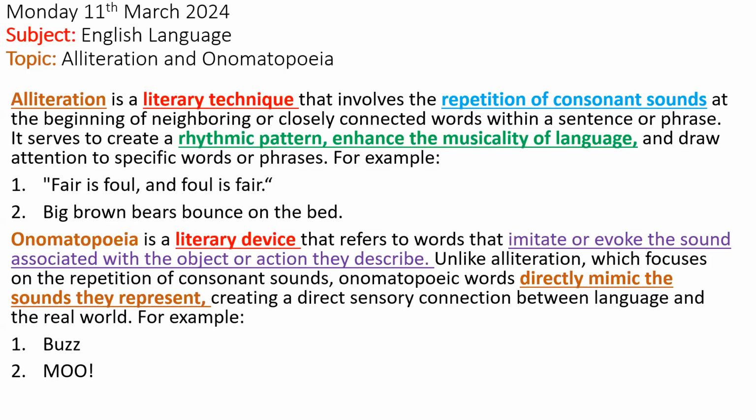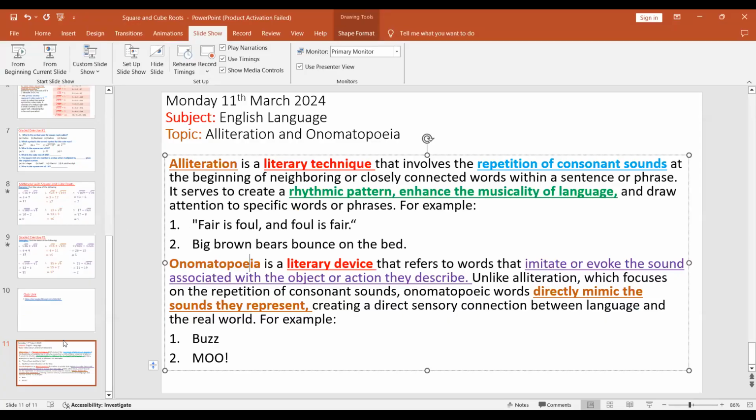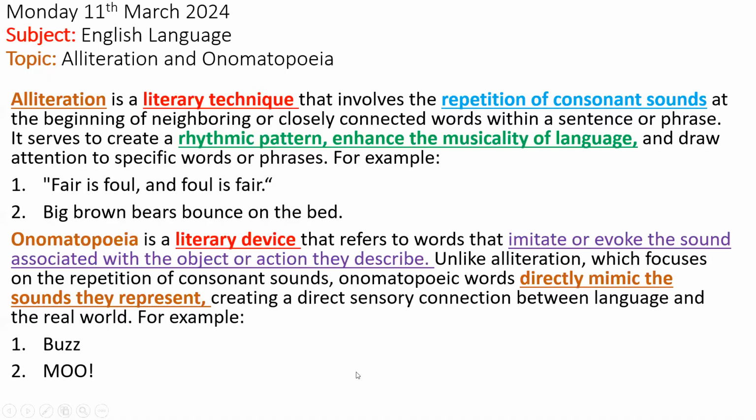All right. Our next exercise is basically identifying which one is alliteration and which one is onomatopoeia. That should be pretty easy. I'm going to put these notes inside the chat. How many persons are finished with the notes? Let me know if you finish.